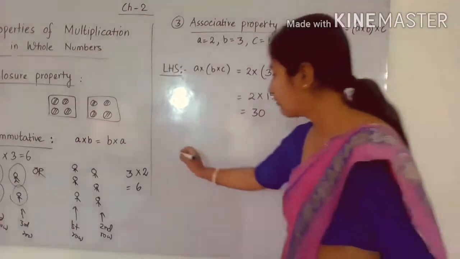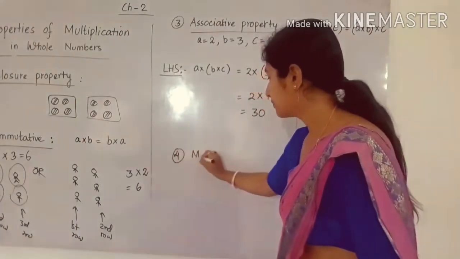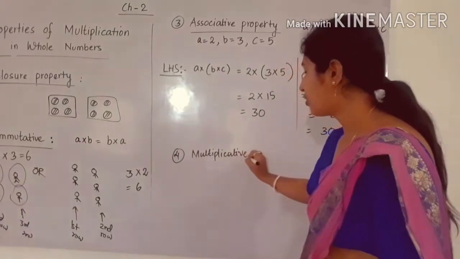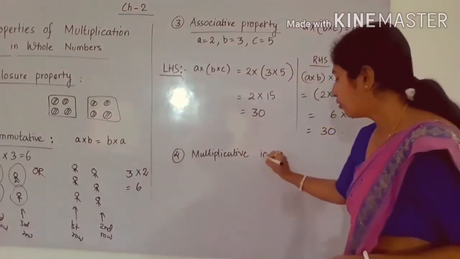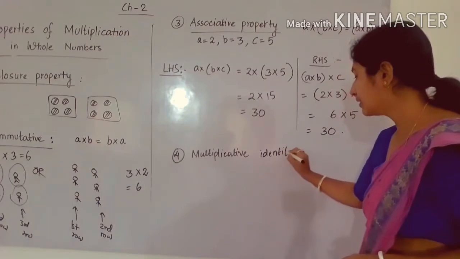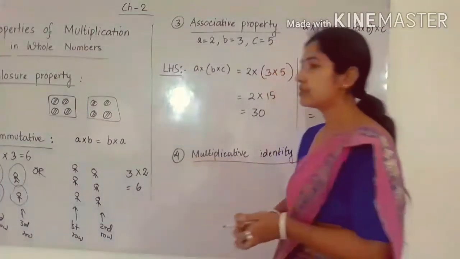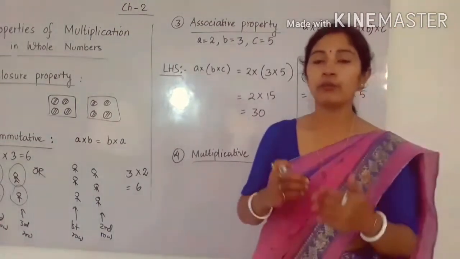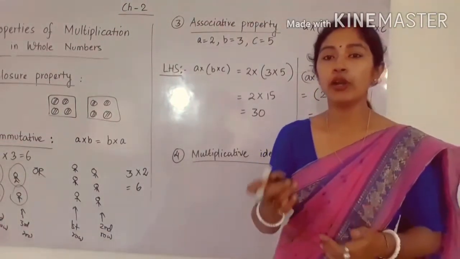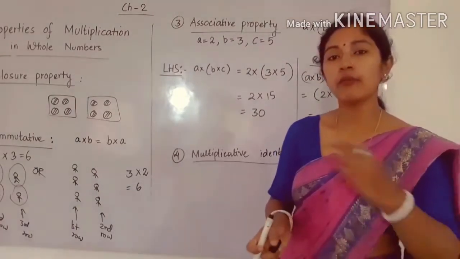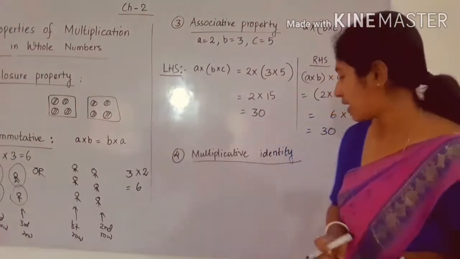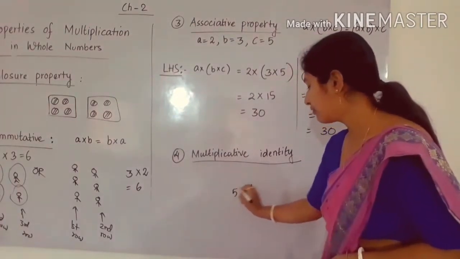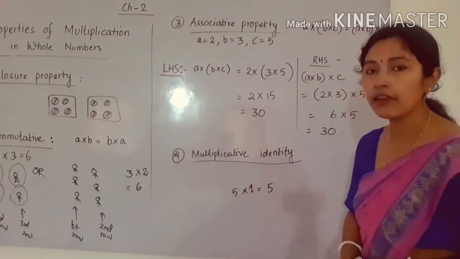So the next property is multiplicative identity. The meaning of multiplicative is you have to multiply, and what is the meaning of identity? Identity means same. That means you have to find a number such that when we multiply that number to a whole number, we will get that same whole number again. For example, if I multiply 1 to 5, then what will I get? I will get 5 again.